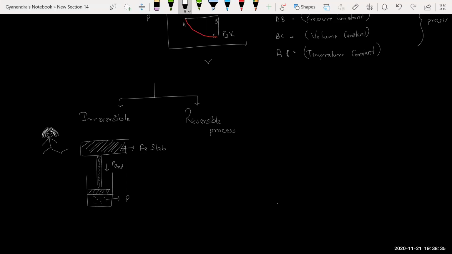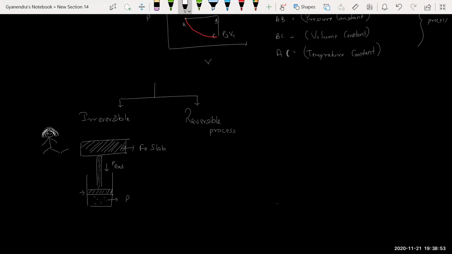This constant external pressure is being exerted on it due to this heavy stone or iron slab kept above it. Because of this pressure, the gas inside the container is stable at this position.